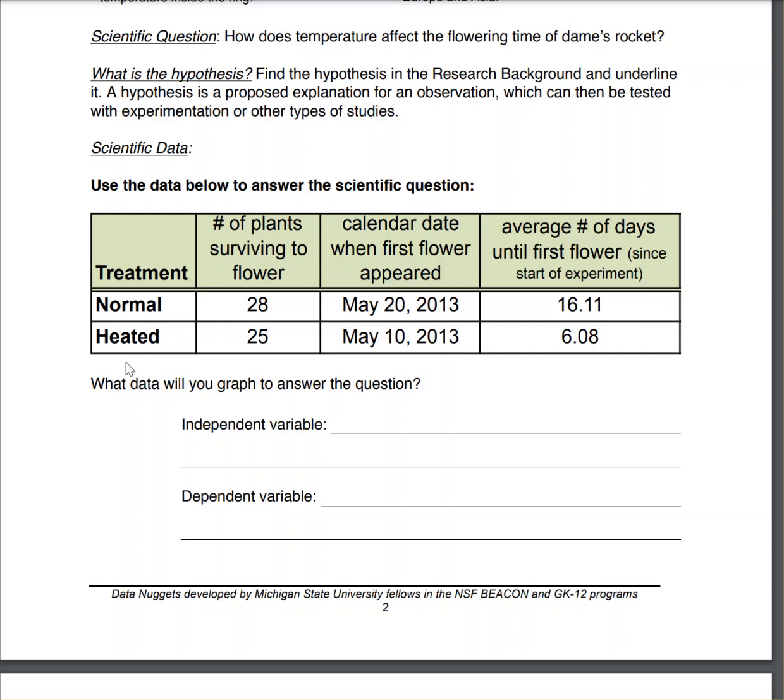However, in the heated plot that was heated to 3 degrees Celsius more, 25 of those plants survived long enough to flower. And those plants that did survive, it only took them 6 days until the first flower appeared. So that is a big difference. We see that in the heated plots, not as many survived, but they did flower much sooner. So our hypothesis was actually correct in this case.